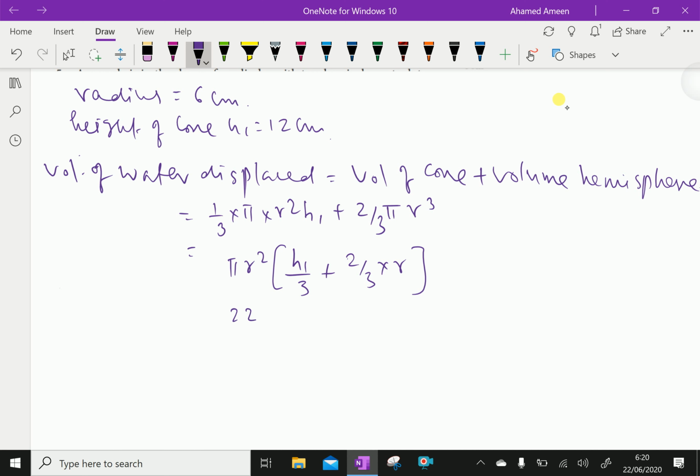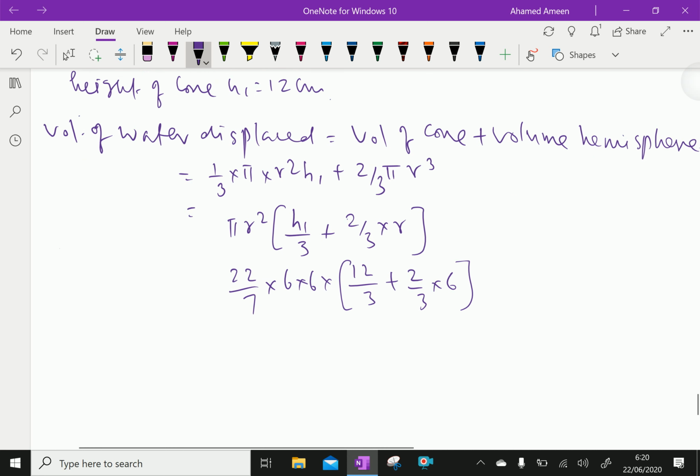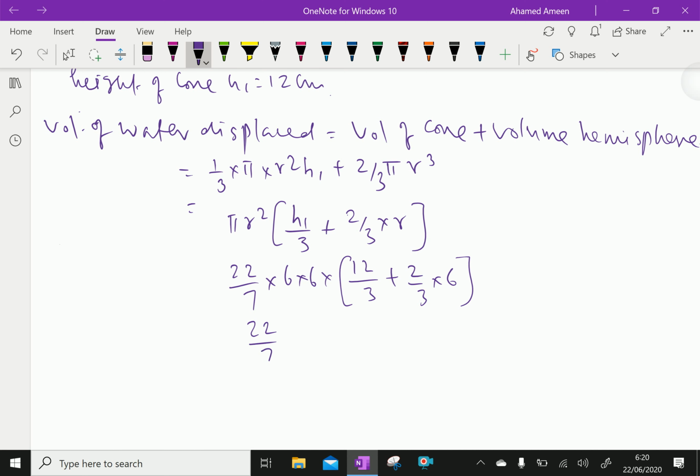Therefore 22 by 7 into r squared is 6 into 6, h1 is 12 by 3 plus 2 by 3 and r is 6. So 22 by 7 into 6 into 6, here this is 4, this is 2 into 2 is 4, 4 plus 4 is 8.